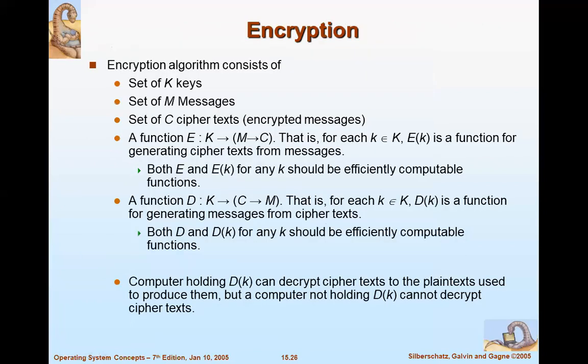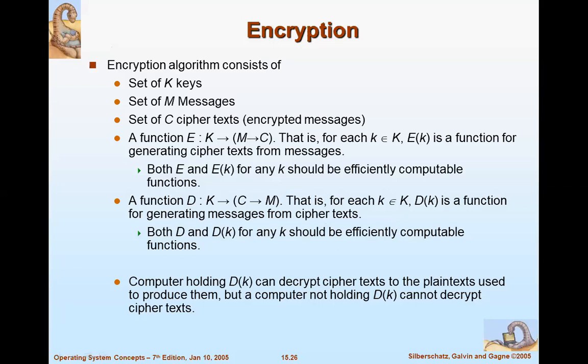So here you can see the encryption process. An encryption algorithm consists of a set of keys, a set of messages, and a set of ciphertext messages, meaning the encrypted messages, so plain text messages and ciphertext messages. Over here you can see a function E, where K is the key, and then through this key you will convert the actual message into the ciphertext.